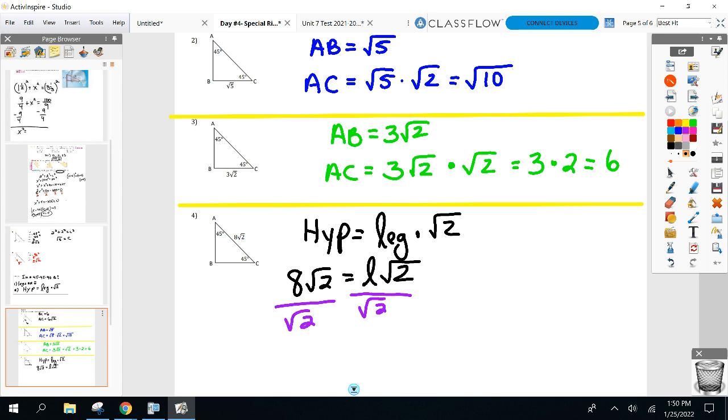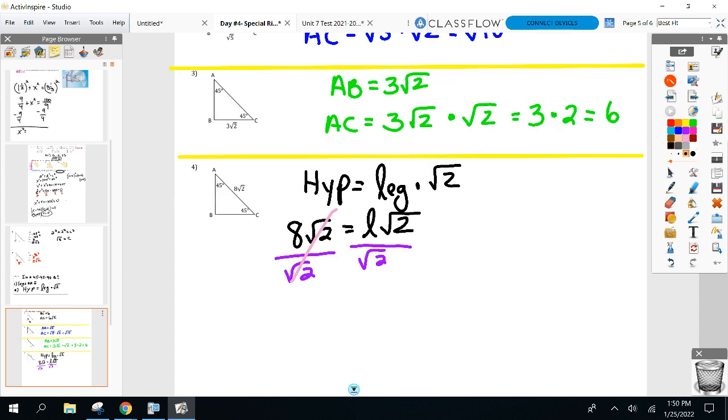And what happens to the radical 2's there? See ya! They're gone. So one leg. And I know a lot of you could have just said, I'm going to take the radical 2 off, and there's my leg. That's fine. But what if there's not a radical 2 there? We're going to have to know how to set this up, just like there will be in the next problem. So yes, the legs are 8 radical 8, which was BC and AB.